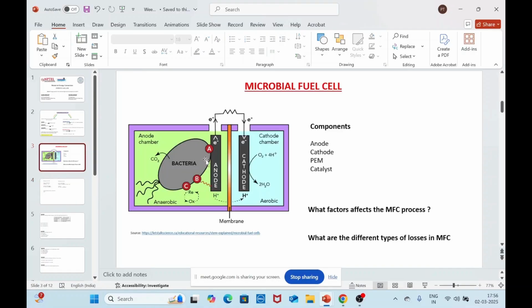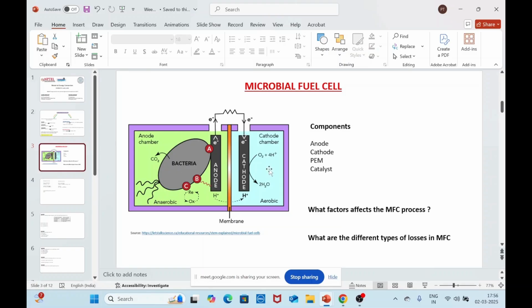The anode should collect the electrons generated here, and through the anode only will the electrons move towards the cathode.